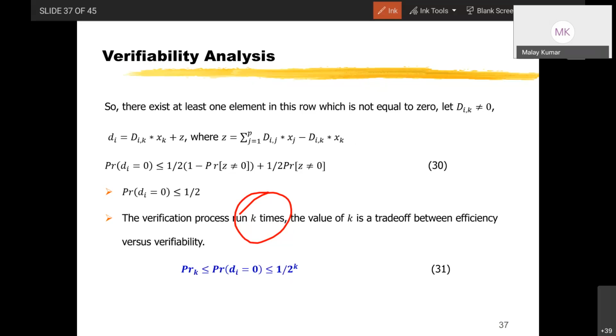If you are increasing the value of k, meaning you are performing the verifiability check multiple times over the result, at that time the efficiency will go down, and if you are performing fewer verifications, at that time integrity may be breached. So one has to decide the value of k so that both efficiency and integrity could be achieved.